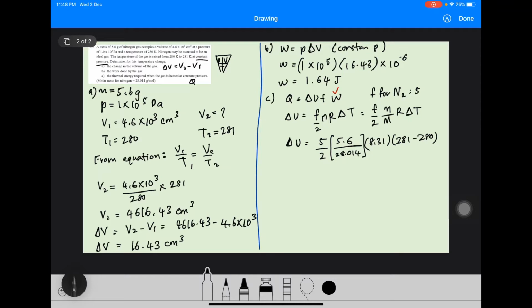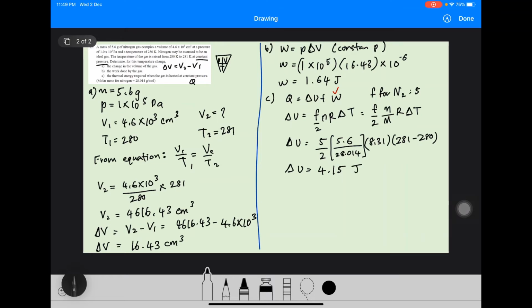Okay, down here is gram per mole. Up here should be in gram as well, so that you have mole. And so now if you press the calculator, you get 4.15. Okay, this one is in joule.